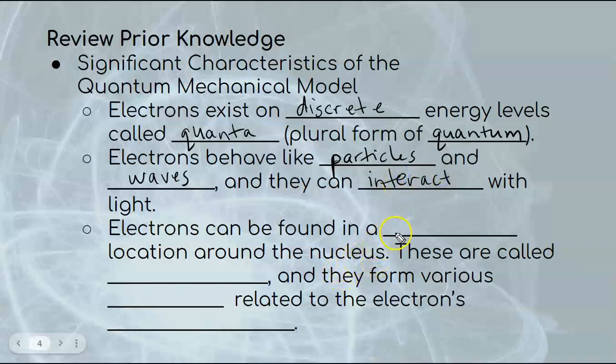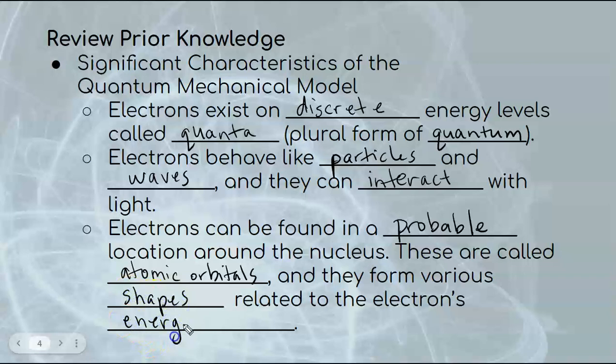Electrons can be found in a probable location. That goes back to the Heisenberg uncertainty principle, a probable location around the nucleus. These are called atomic orbitals. And if you remember, the atomic orbitals are not like planetary orbits. They're different shapes that surround the nucleus. So they form various shapes related to the electron's energy level.